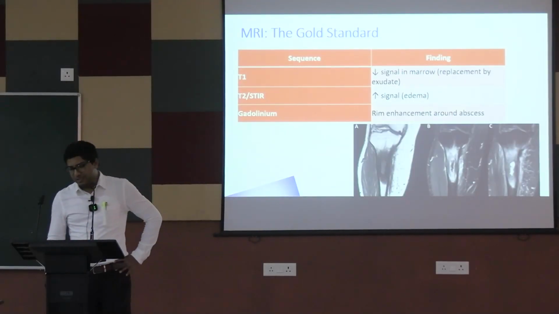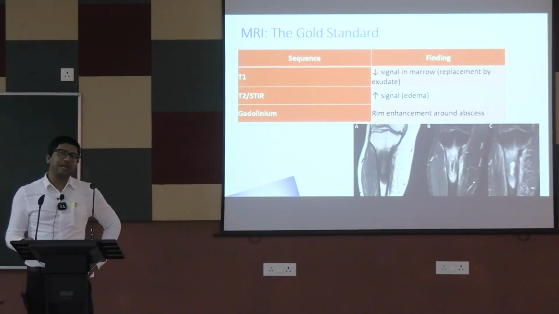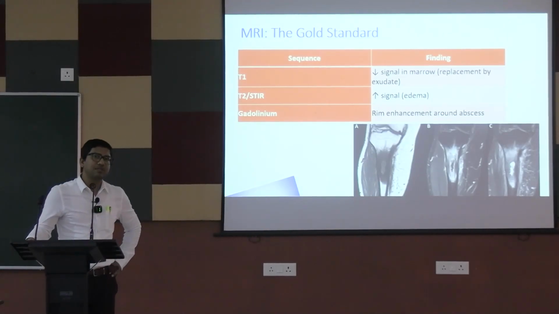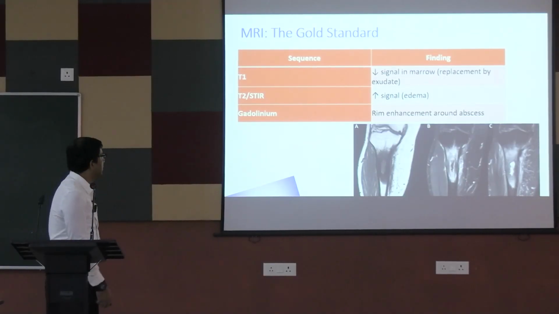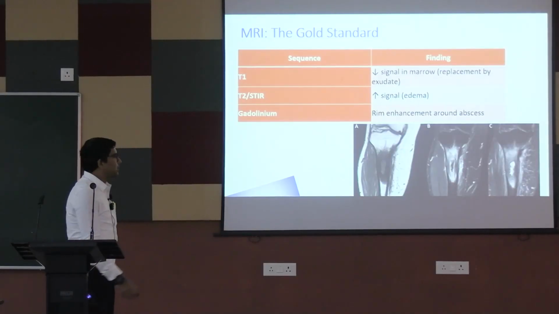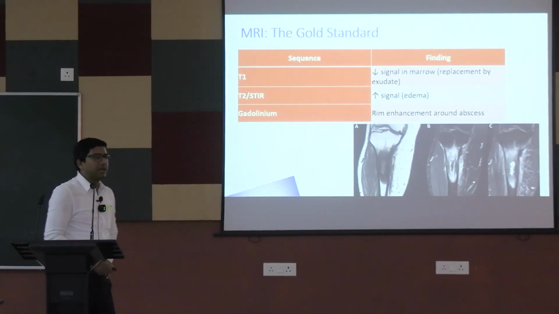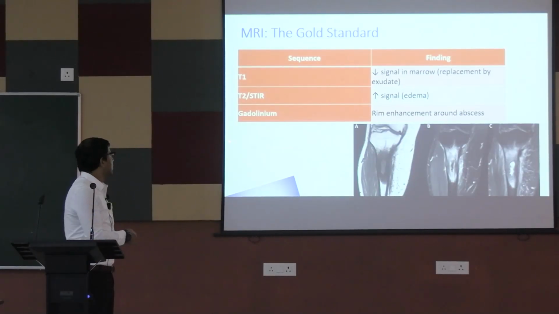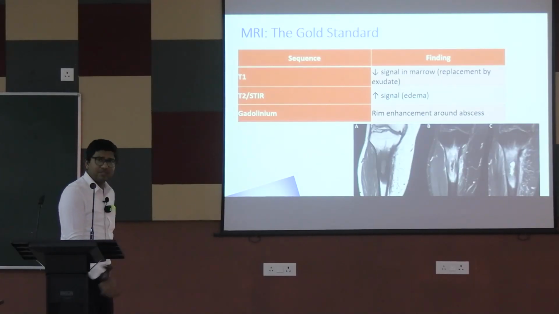In patients, if your diagnosis is ambiguous and the features are ambiguous, then these are the advanced radiological investigations you order. You order MRI. There are different MRI sequences, T1, T2, and also some contrast MRI.